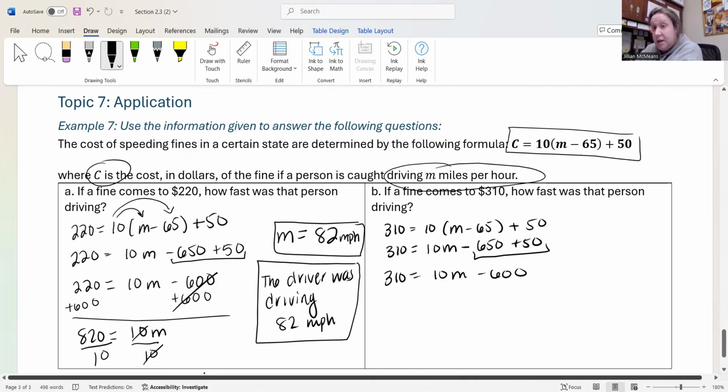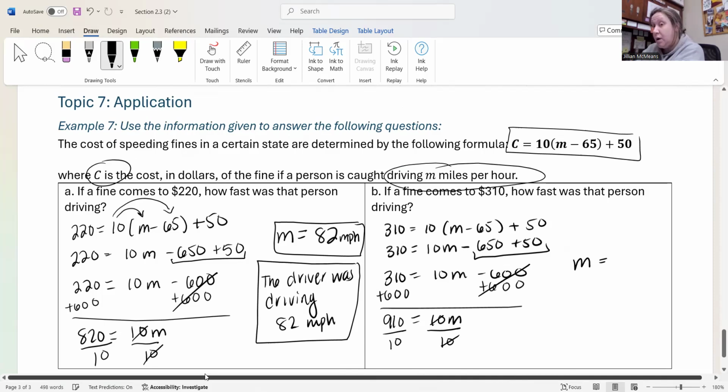So the issue with 10m is this minus 600. I want to move the 600 by adding. Well, 310 plus 600 is 910, and that equals 10m because negative 600 plus 600 cancels. Okay. And then finally, to get the m alone, I would divide by 10. 10 divided by 10 is 1m.